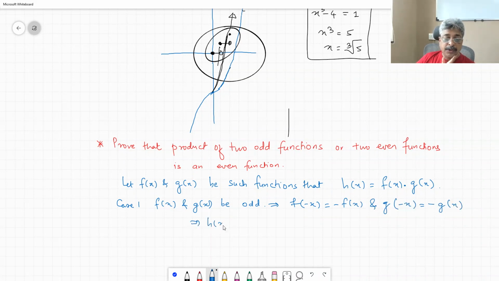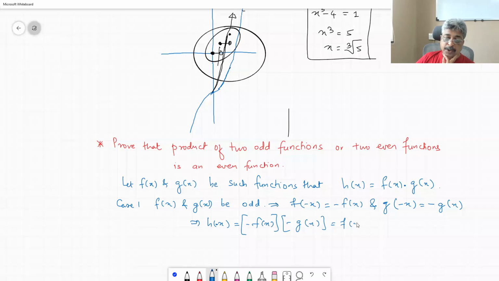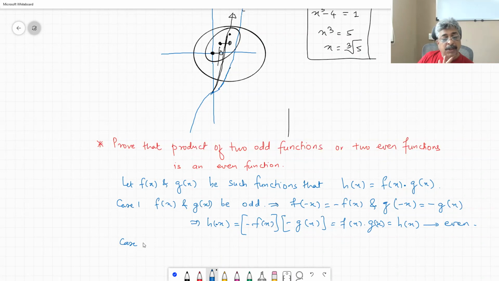Therefore, h of minus x is equal to minus f of x into minus g of x, which is f of x into g of x, which is equal to h of x. The other case is easy because there is no minus sign involved.